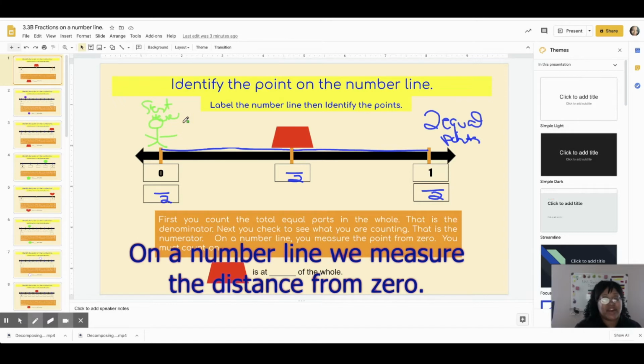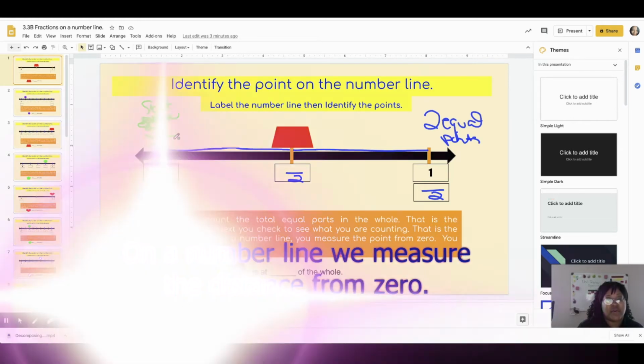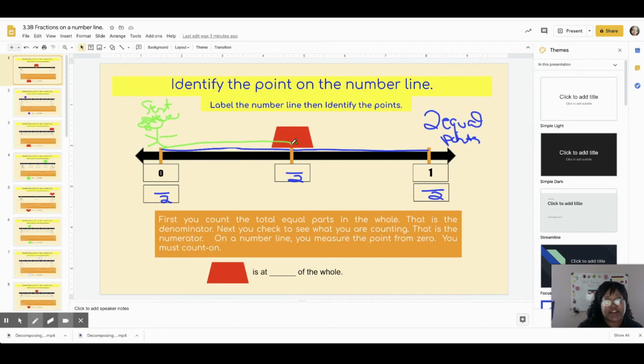So we're starting here. If I go from here to here, I've gone 1 equal part. So that's what I'm counting. So here would be 1 equal part. So that's my numerator, 1.